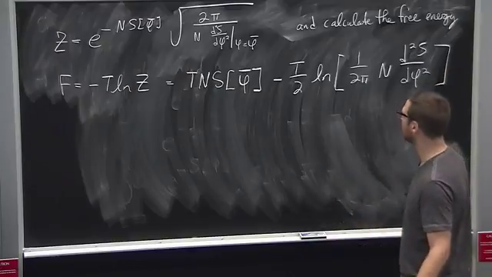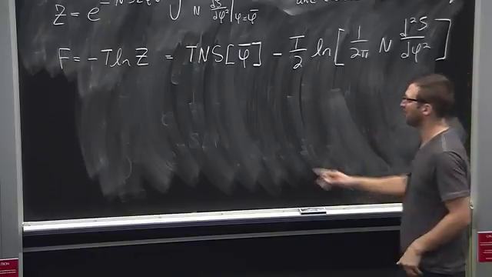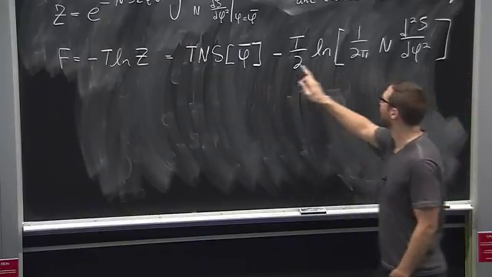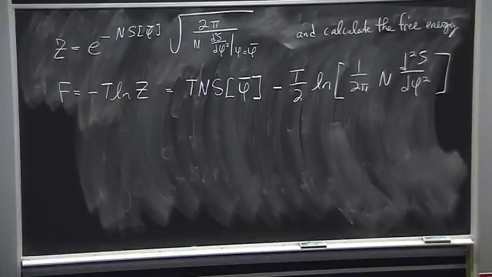I don't know if this is right. Whatever. I have a linear term in n and a term that's logarithmic in n. So the linear term should dominate, right?